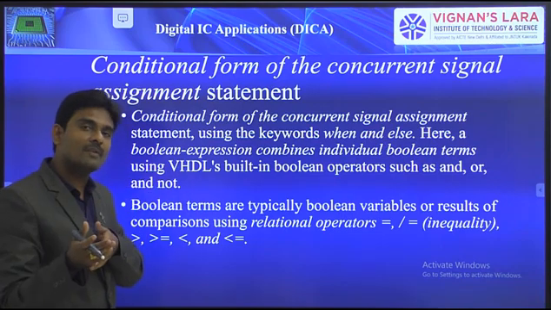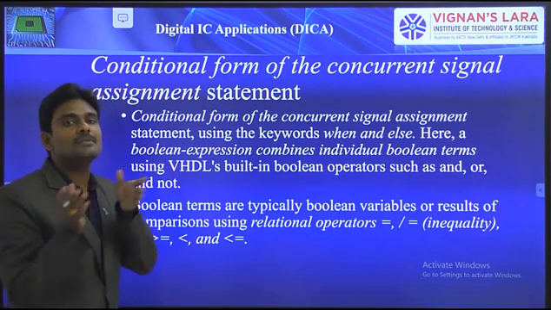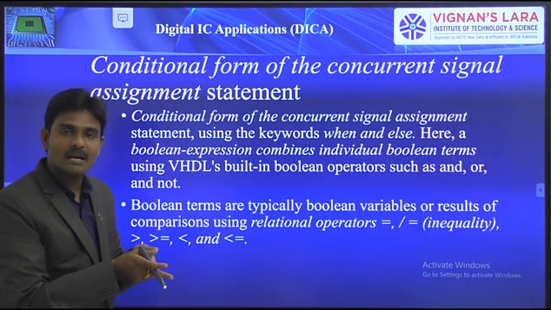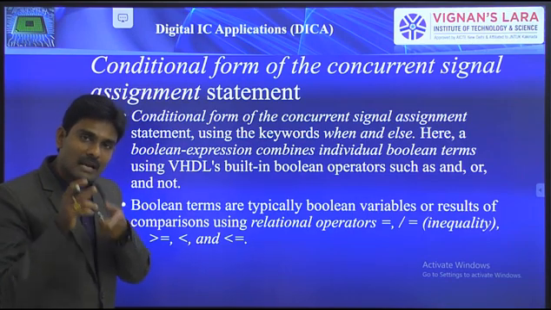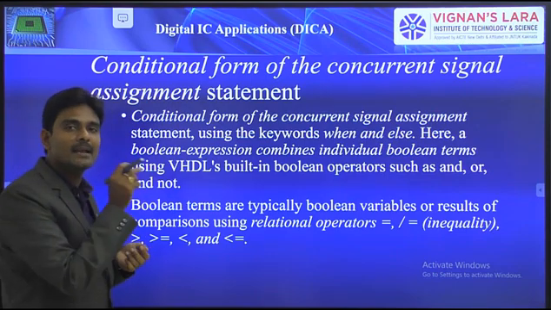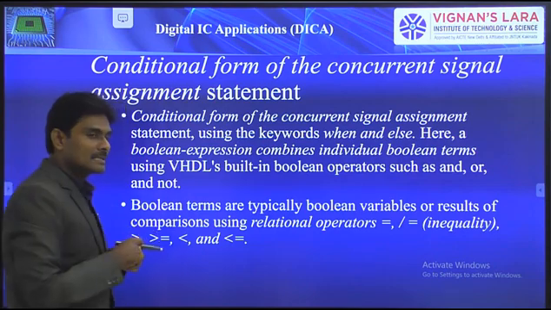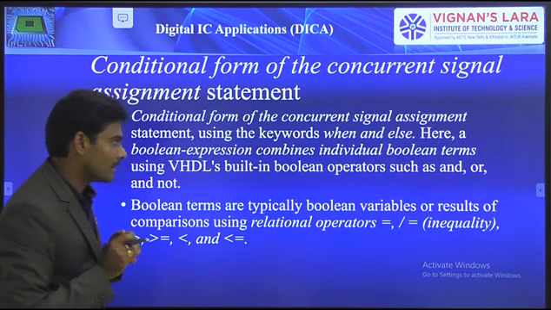The first model is without verifying any condition, directly assigning the right hand side value to the left hand side signal. But in the second one, the conditional form of the concurrent signal assignment statement, by verifying the condition, only then are we assigning that particular expression value to the signal name. That is the second model in concurrent signal assignment statements.